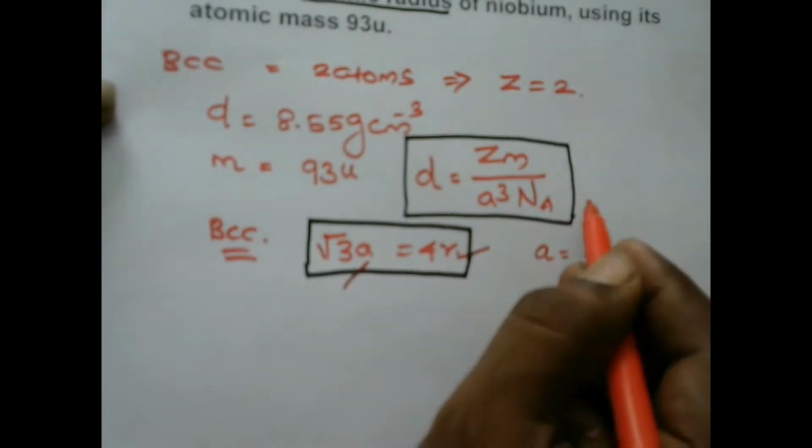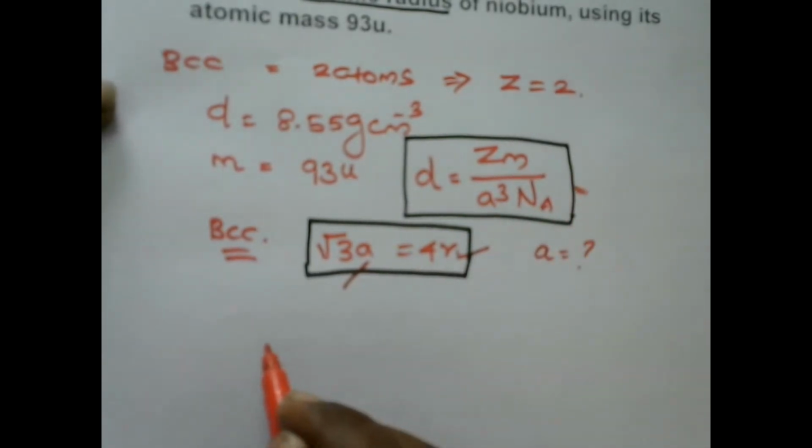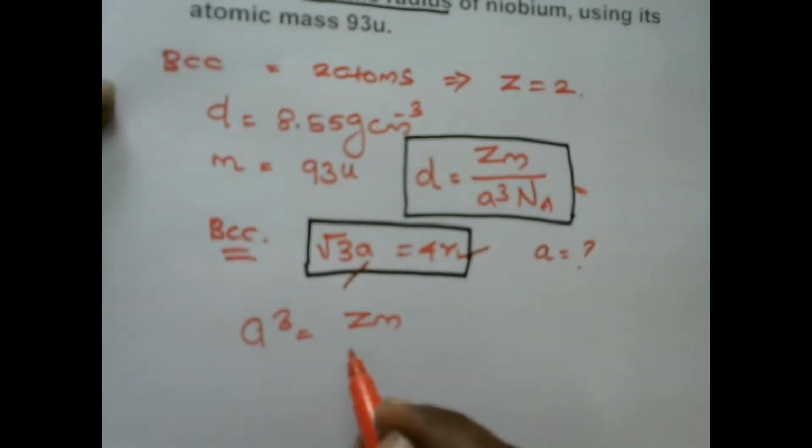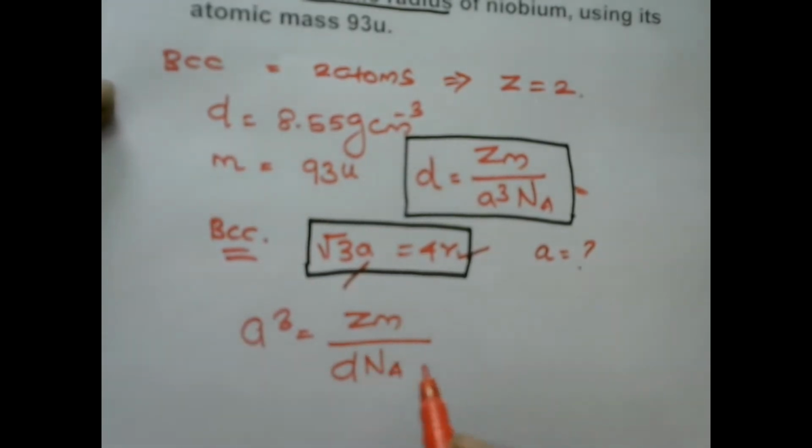So let us rearrange this formula to find A. A cube is equal to Z M by D into Na.